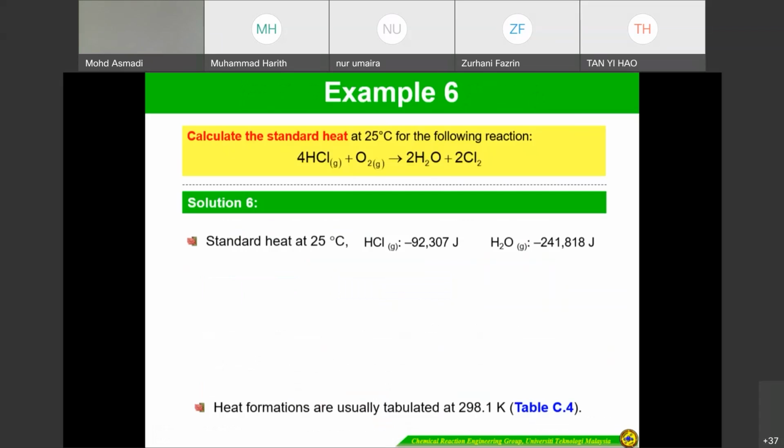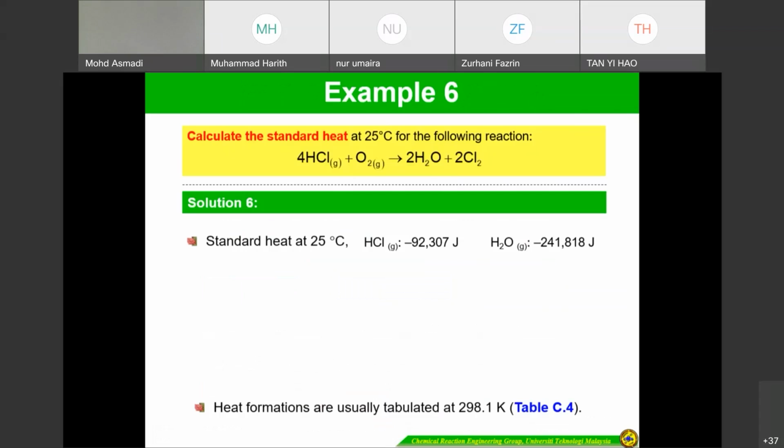Okay, let's see the example to calculate the standard heat of reaction. This one is for HCl plus O2, giving H2O plus 2Cl.